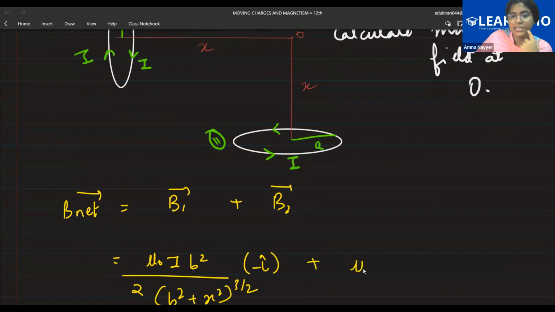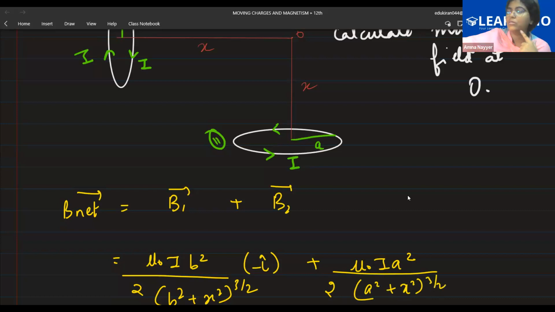So this is minus i cap plus the second one, mu naught I a square. Now the radius is a, so a square plus x square to the power 3 by 2. Now see how you will write down the direction. Current is going here, and from the back it is going to the left.